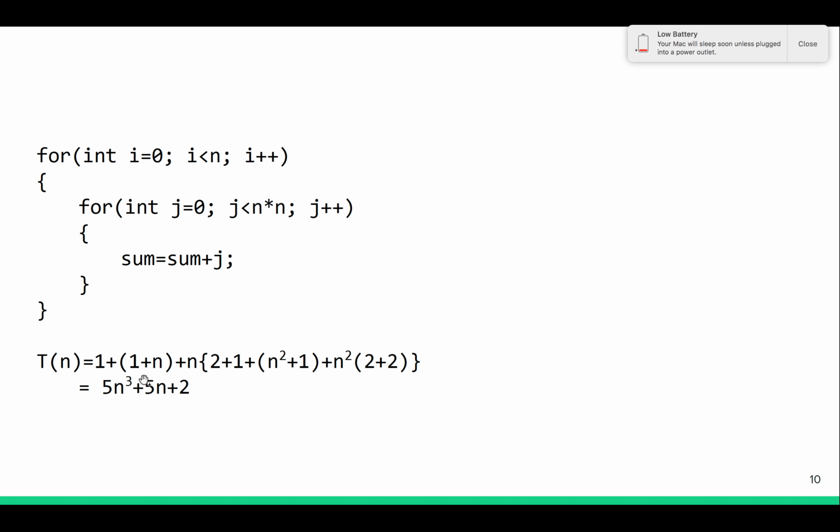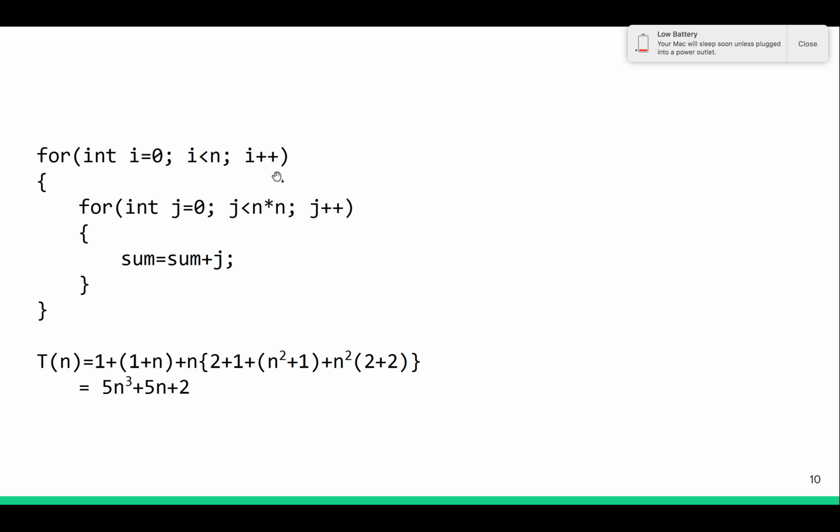Plus this will run n times, because the body of the outer for loop is going to run n times. So n into whatever is written between the curly braces, which corresponds to the inner for loop.